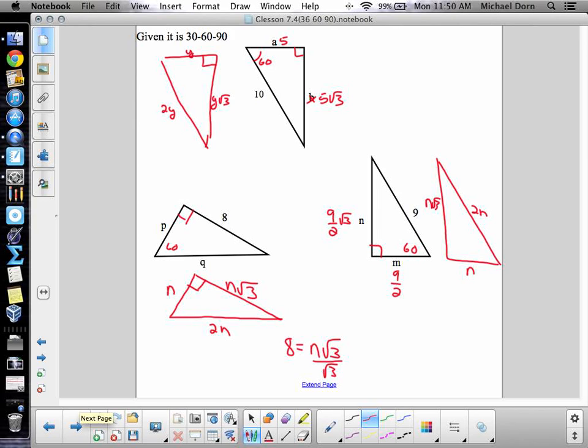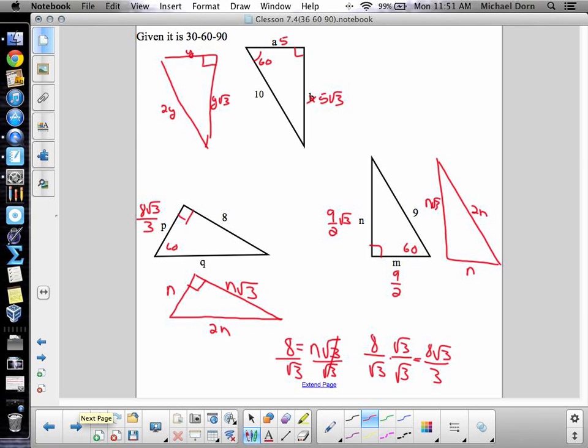Divide both sides by the square root of 3. So the short leg is 8 divided by the square root of 3, which I have to rationalize. Root 3 over root 3 is 8 root 3 over 3. It doesn't reduce any further, so that's my short leg.